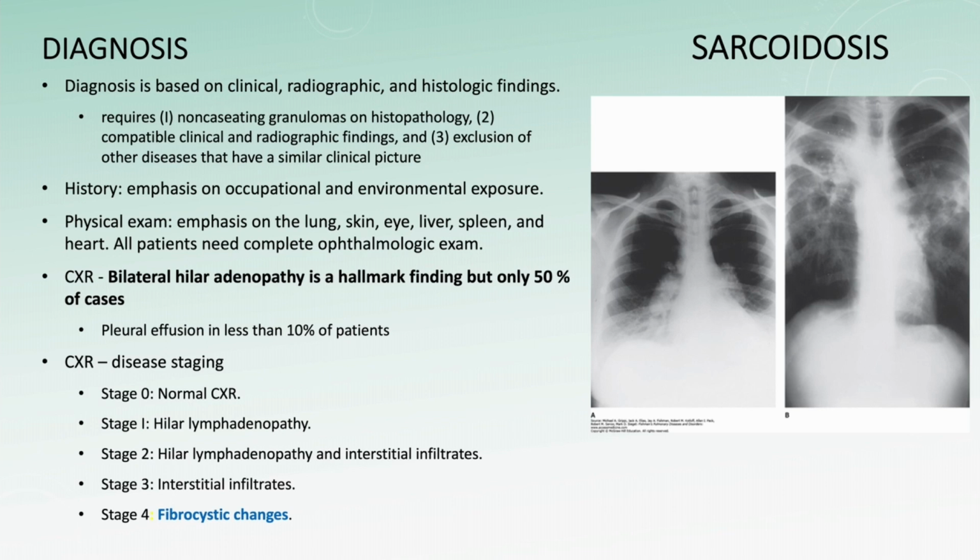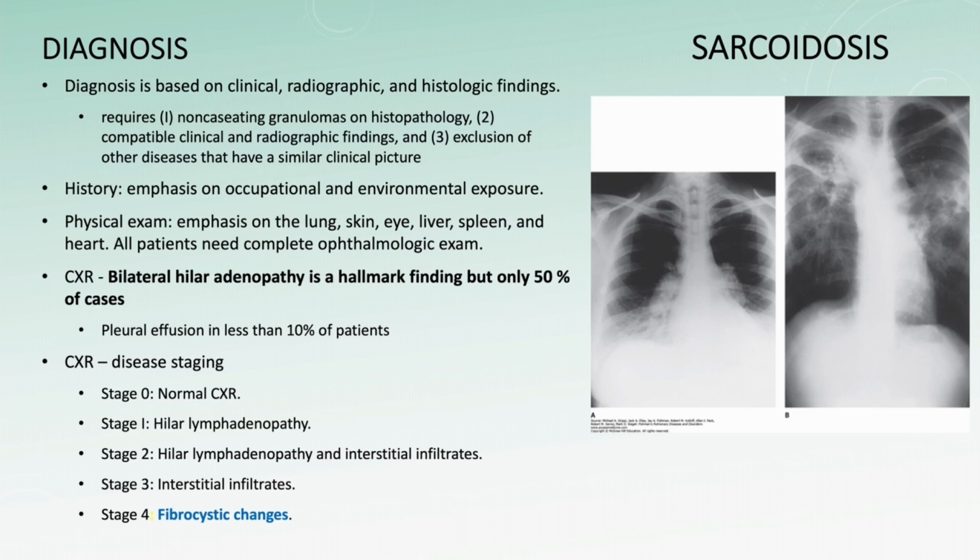So when we ask patients that we think could have sarcoidosis, we want to ask them about exposure, especially occupational or environmental. Have you been working in a textile factory? Do you work with electronics or silica? Do you work with quartz or sandblasting? Did you work on shipbuilding 50 years ago? Those are the kind of things we want to ask, right?